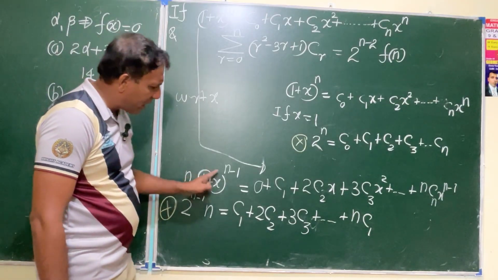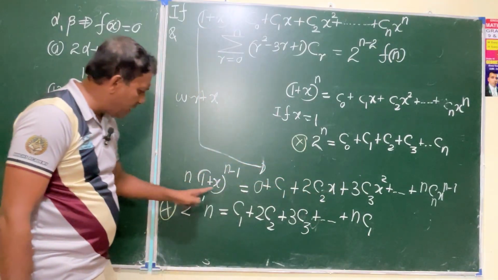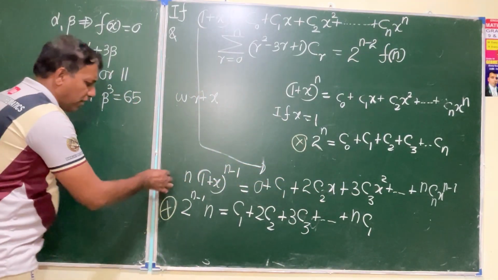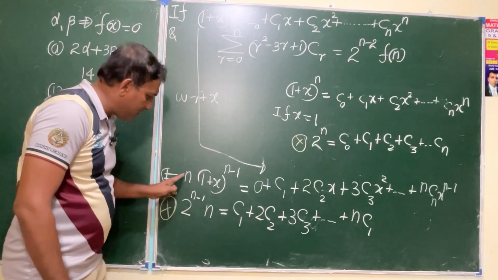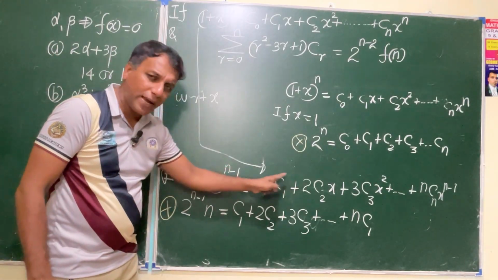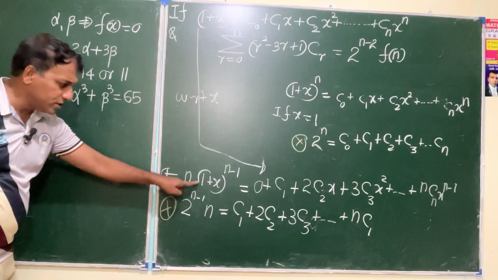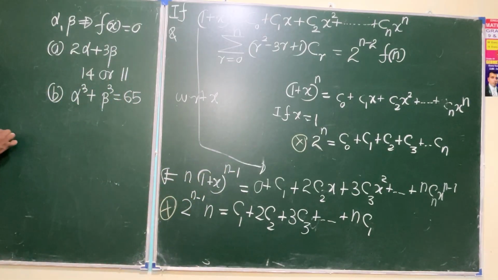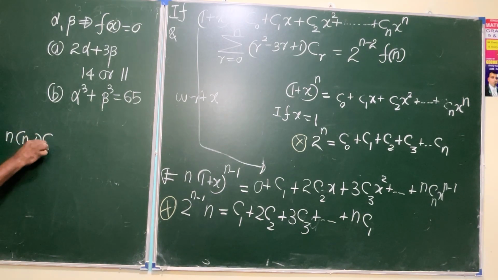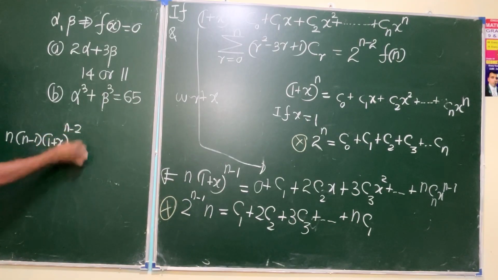Again, if I differentiate this once more with respect to x, the power comes in front, so n into n minus 1, (1 plus x) to the power n minus 2.